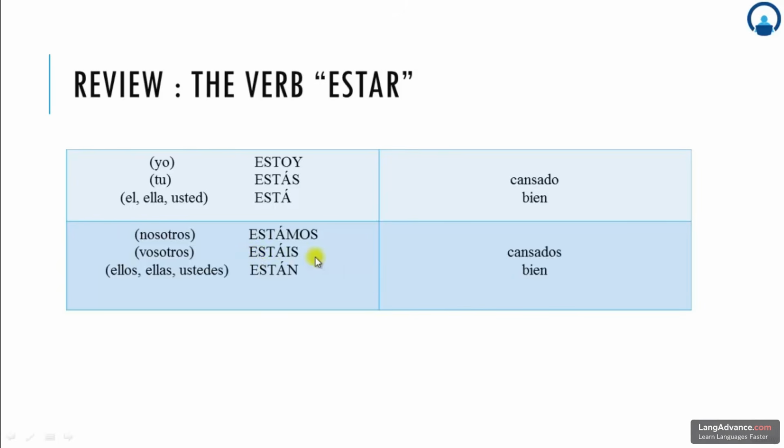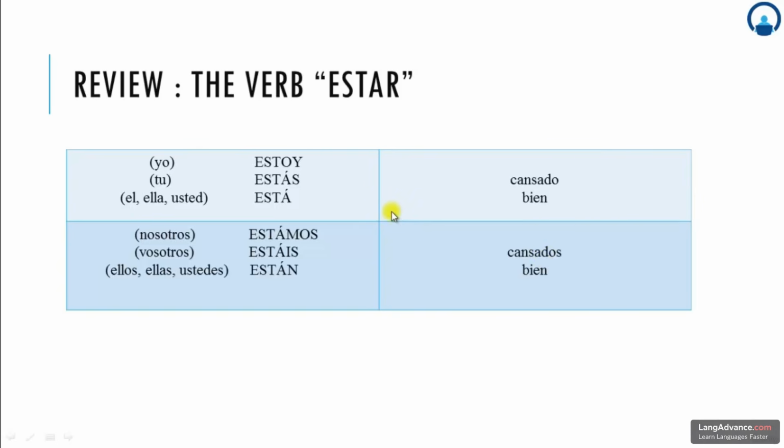Vosotros estáis bien. That means you all are fine. Ellos, ellas, ustedes están cansados. They are tired. You cannot write estoy or estás cansados because it is singular and here it is plural. So that match cannot happen.